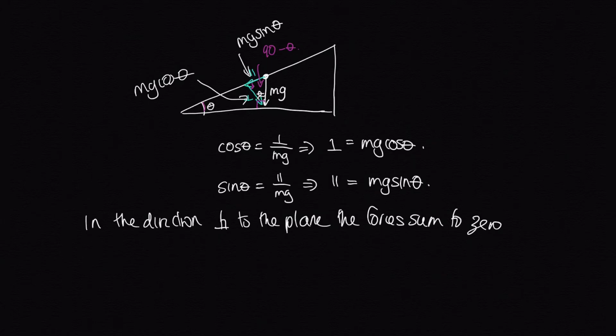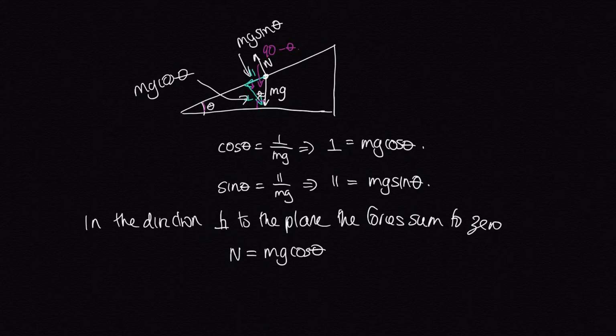So this tells us that we've got the mg cos theta acting down into the plane. The other force acting on our trolley is the normal force. So this tells us that the normal force must be equal to mg cos theta. So that's how we show this with breaking it into components.